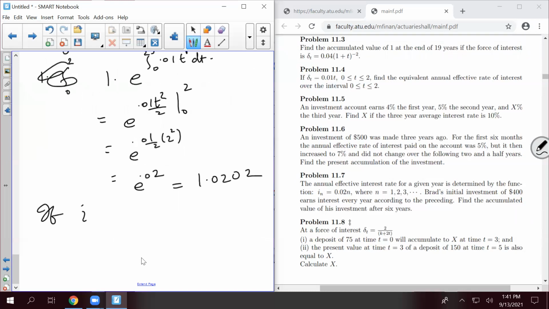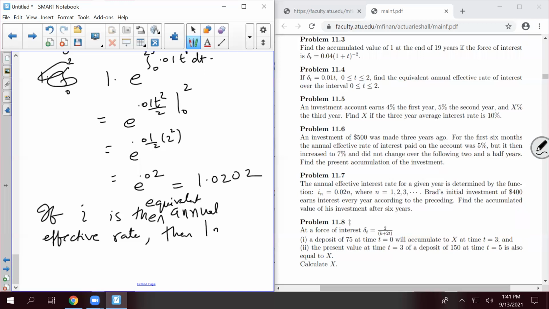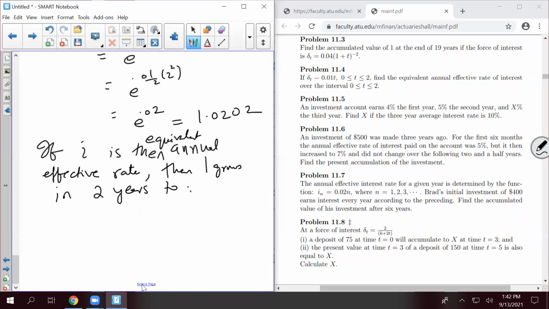If i is the equivalent annual effective rate, then 1 grows in 2 years to, so tell me how much does 1 grow under an annual rate of i?